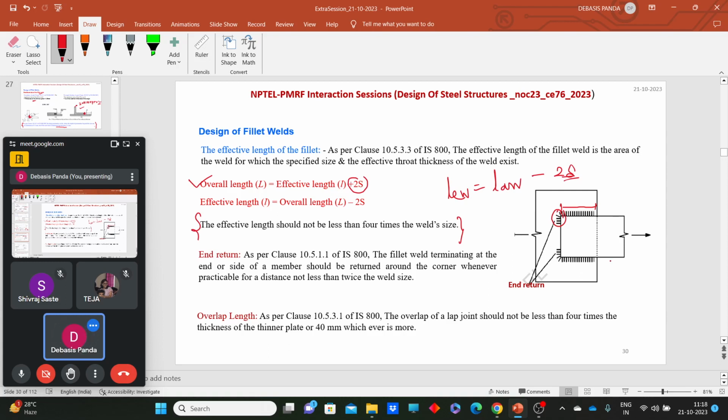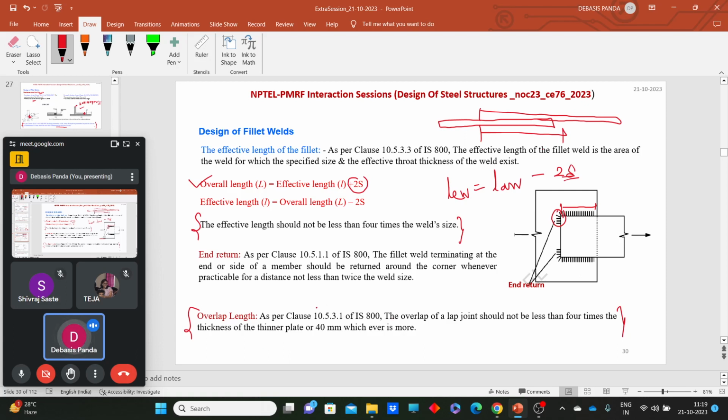Okay, that's all. For lap cases, like in a bolted case, we don't have any upper or lower limit on the lap length. But for the weld connection, to minimize warping effect and residual stress, the code has limited the overlap length.